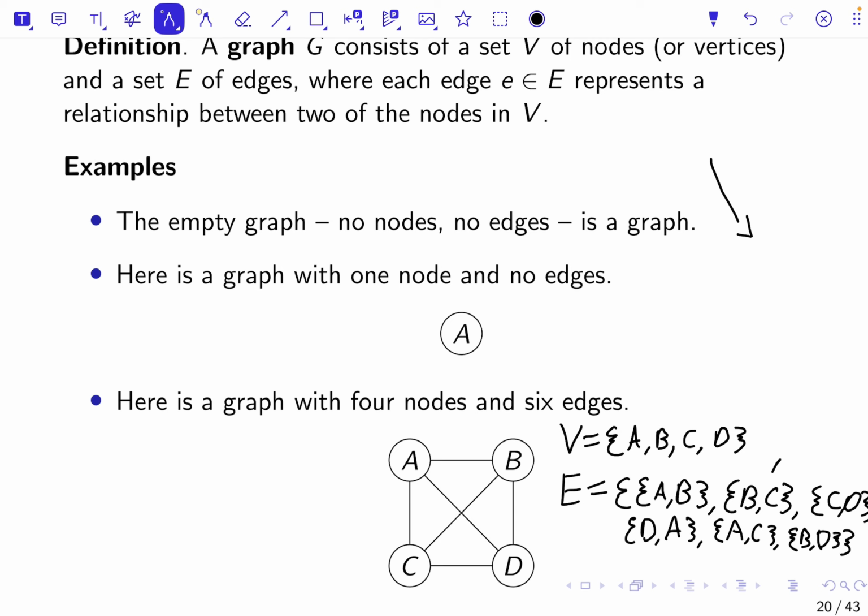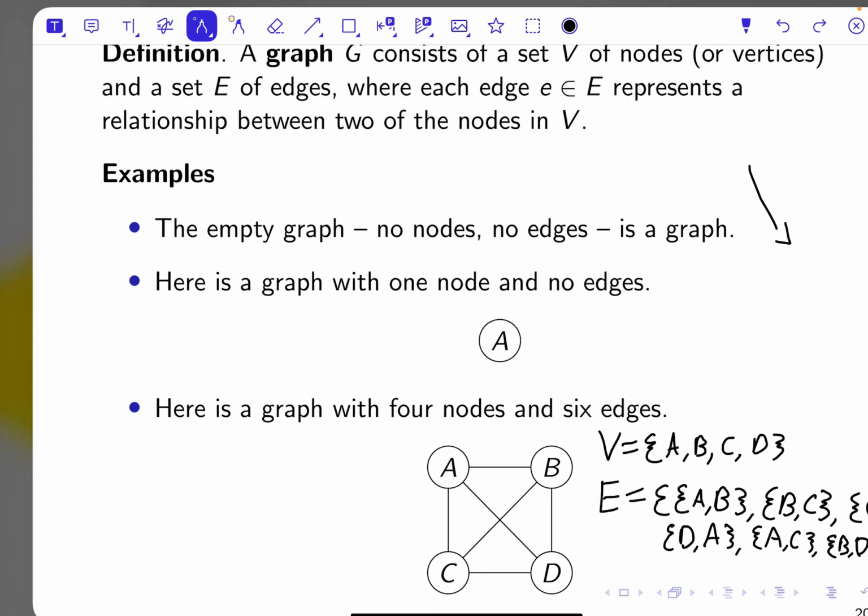No worries. In this case, the elements of E were all subsets of size 2, but there are other representations we could use.